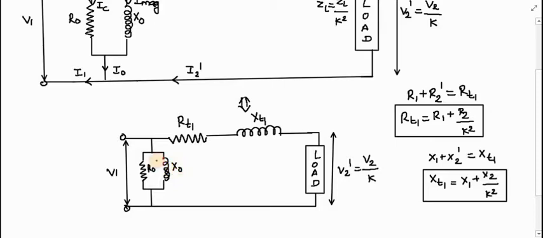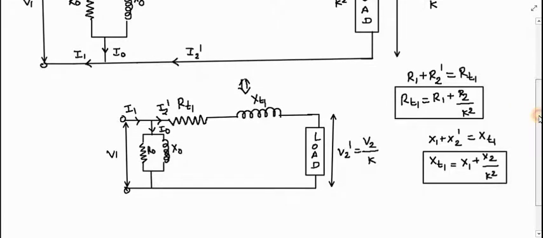This is your X0. And what is this? This is nothing but I0. What is this current? I2 dash. Current taken from supply, I1. Right? And this is your V2 dash. So, likewise we have drawn the approximate equivalent circuit of the transformer.